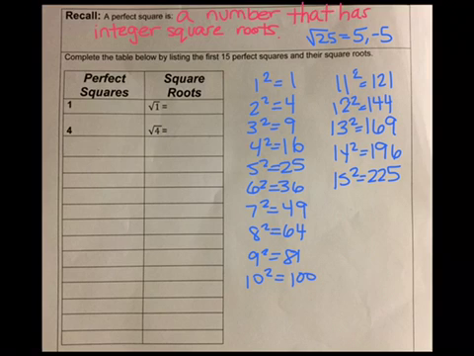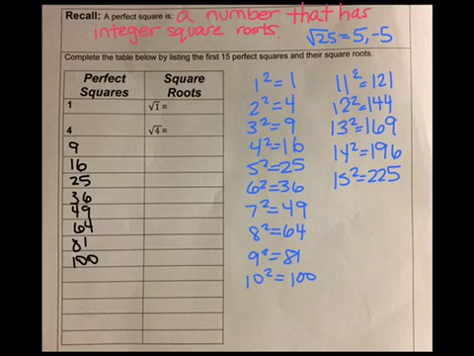So perfect squares, we have 1, 4, 9, 16, 25, 36, 49, 64, 81, 100, 121, 144, 169, 196. I can't fit that one at the bottom, but 225. So now the square root of 1 is 1.